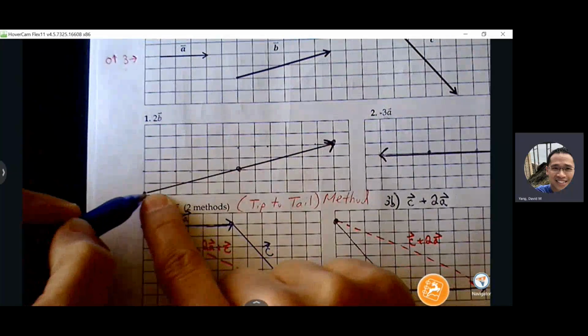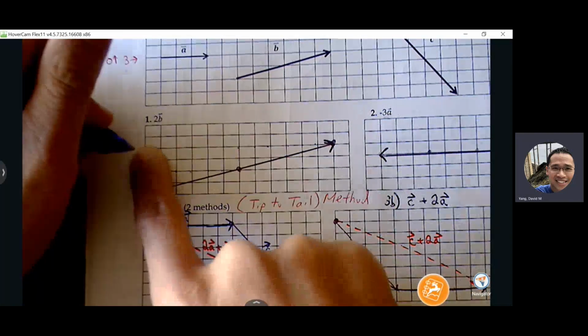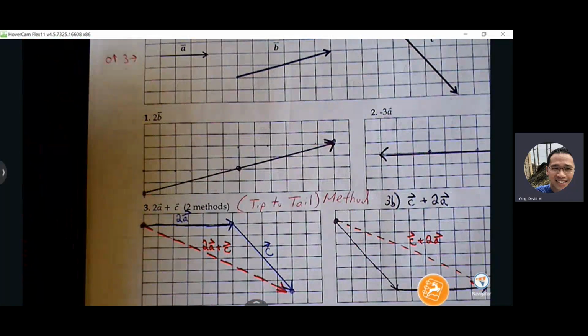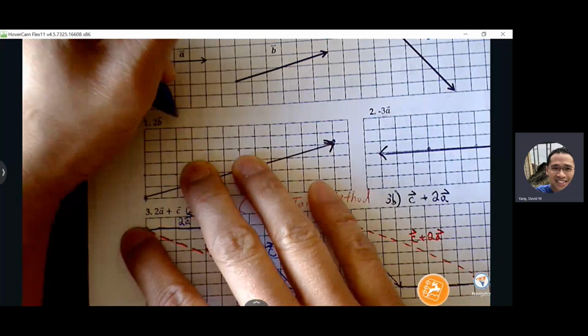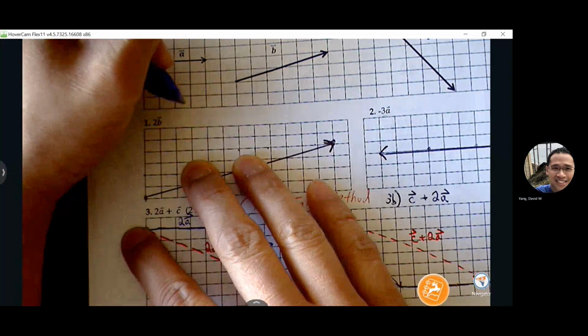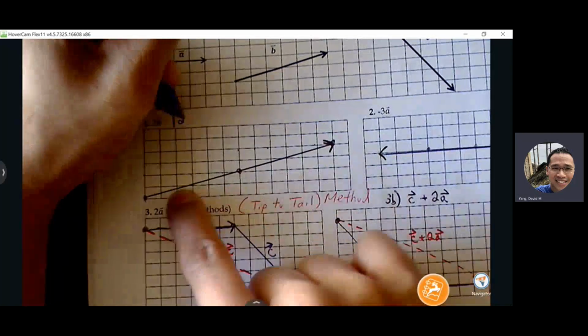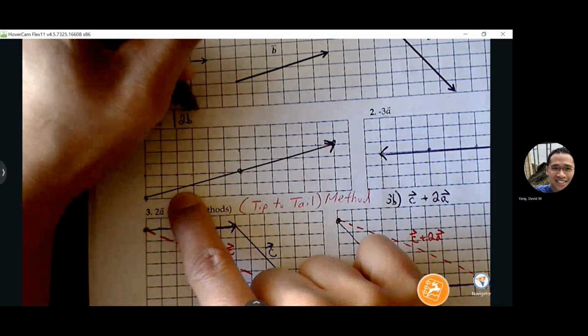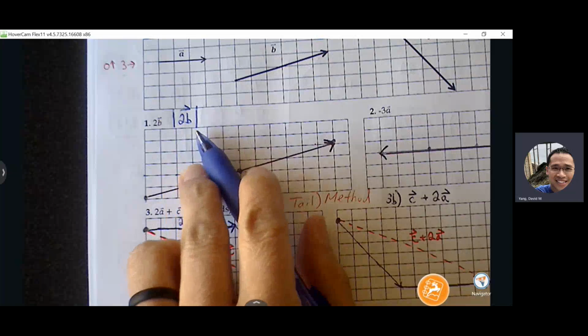So here I'm going to go up how many units? 4, and to the right 12. So if you're imagining finding your hypotenuse, or this length here, we can say the magnitude of 2b. It looks like absolute value bars, but we're going to say this is the magnitude.